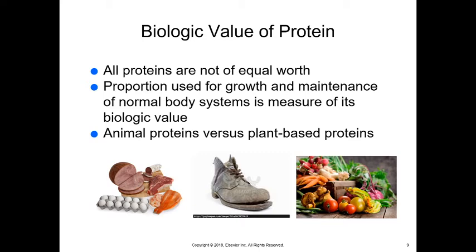We need to remember animal proteins versus plant proteins, but I also have this picture of a boot here, to make a statement. This boot is also considered as having protein in it. It's a leather boot, and so there is protein within that leather. But it's not as high a protein value as, say, some egg or a piece of meat. It's not even as high a value as some of the protein that you find in vegetables.